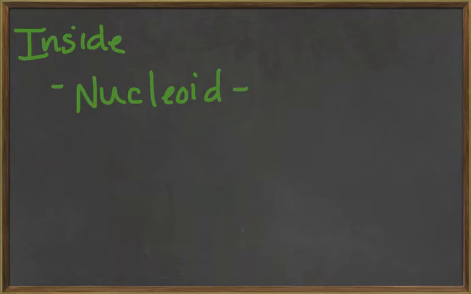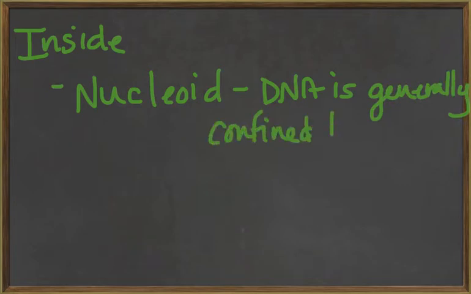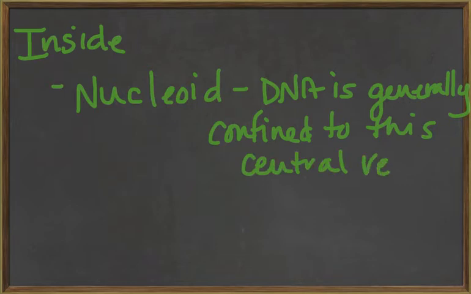Even though this is not a nucleus, DNA is generally confined to this central region. You're still going to be able to tell when you're looking at a bacterial cell where its DNA is generally going to be located. It's still going to be a dark substance in sort of the center of the cell. However, it's just not going to have a nuclear membrane.